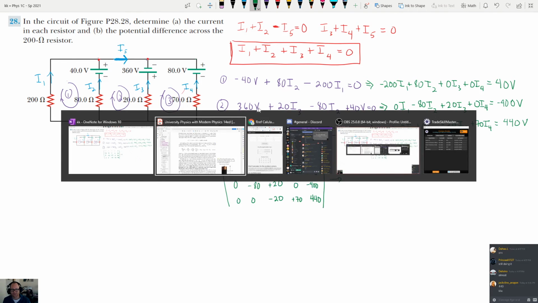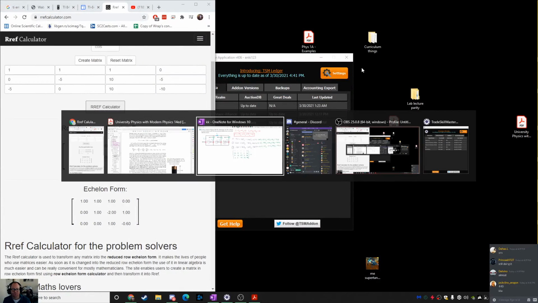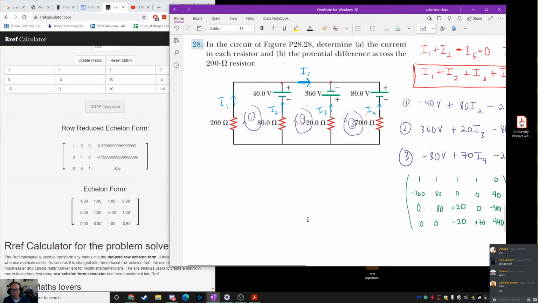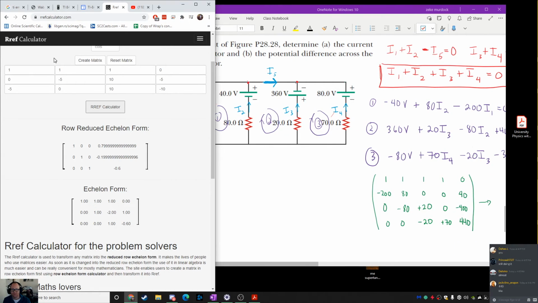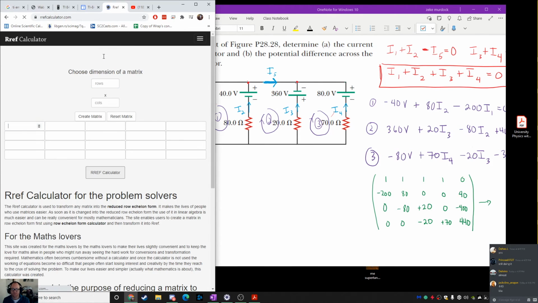All right, so let's see what we get as our answers. We'll go back out of full screen and shift this over a little bit. We need to do rows. There are 4 of those and 5 columns. Create matrix.